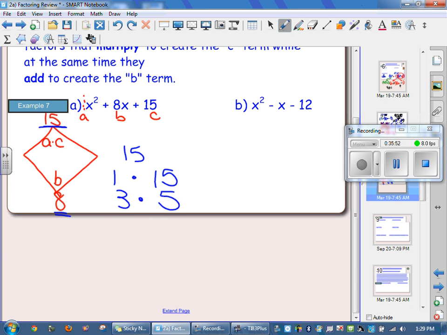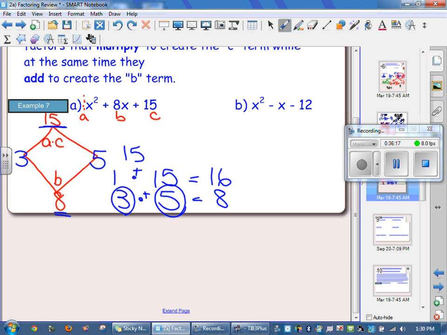Good. So now what I do is I put this 3 and this 5 on what I call the wings of the diamond. They go on the left and right. So the 3 will go here, the 5 will go here. Now those digits on the wings of your diamond, if you only have a digit 1 in front of your x squared, all you do now is open two brackets, you square root x squared, and it goes in the front of each bracket.